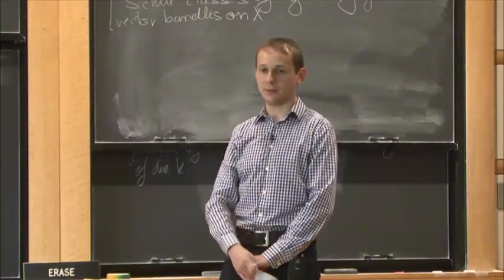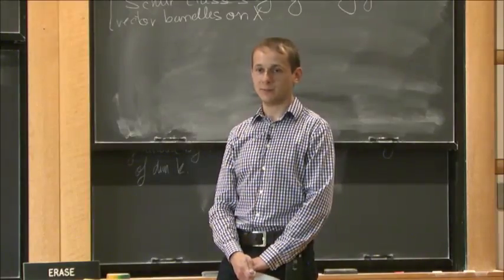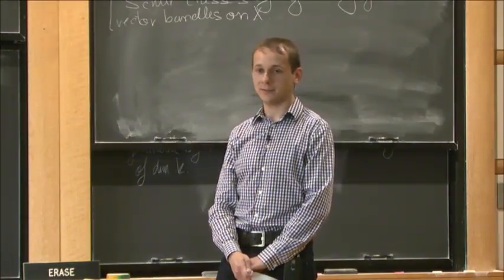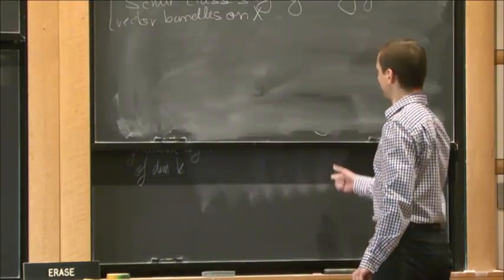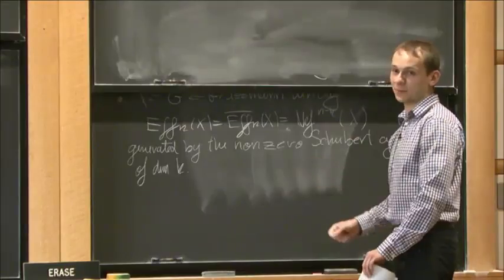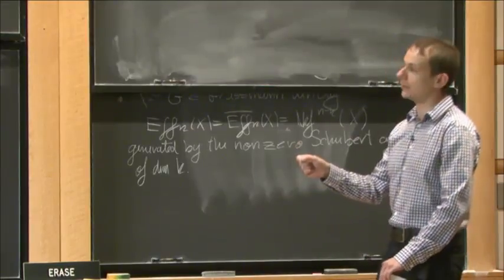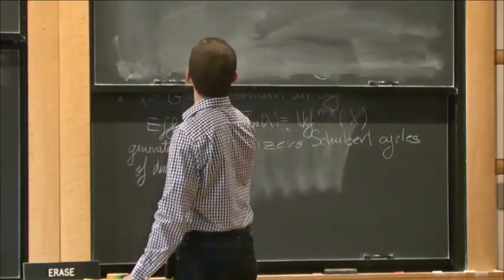I know you know that over C, but I'm working in arbitrary characteristic. So that's something that we want to do. Of course it's true if you look at effective classes, but limits of effective classes could ruin things.